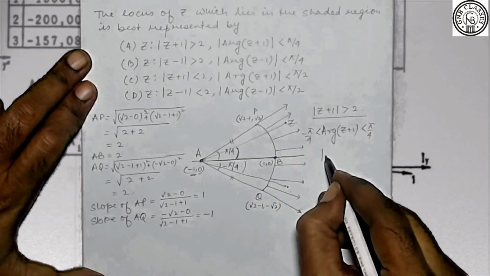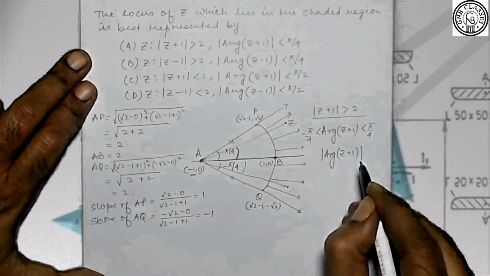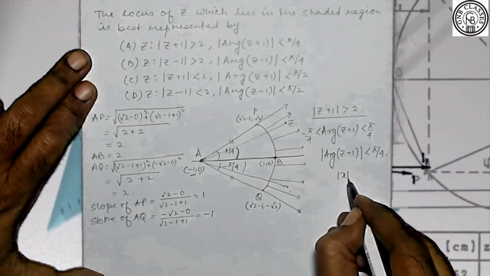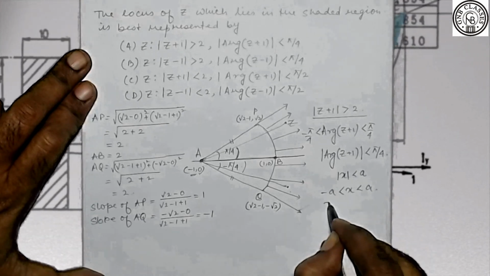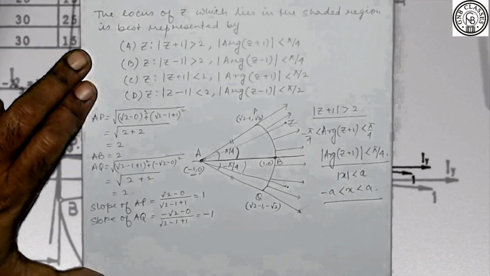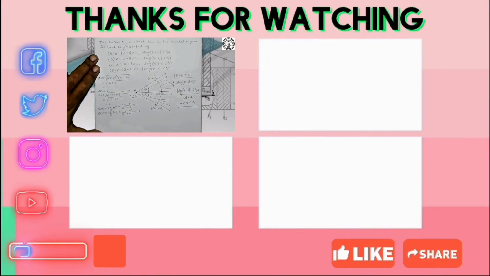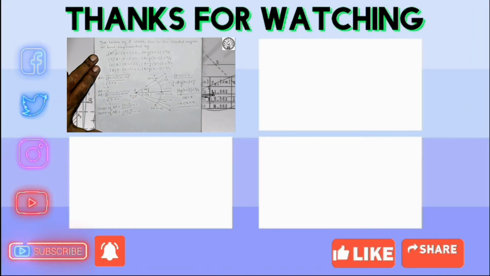So in one line we can say mod of argument of Z plus 1 is less than pi/4. We know that when mod x is less than a, x always lies between -a and a. That's exactly what I have used. Is it clear? Therefore, the best representation of the shaded region is nothing but option A.